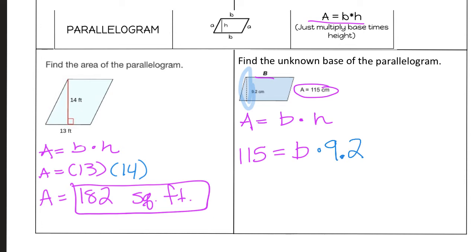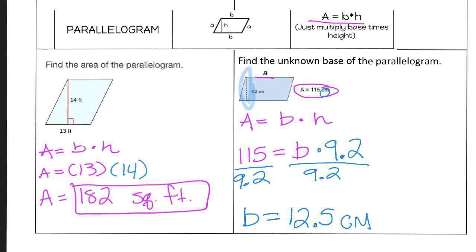To solve for B, I need to undo that multiplication. So I'm going to divide by 9.2 to undo multiplication. Okay, when I do 115 divided by 9.2, you get 12.5, and our unit was centimeters.